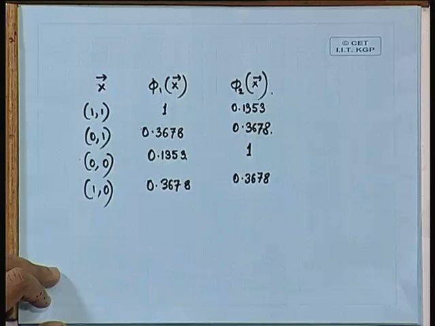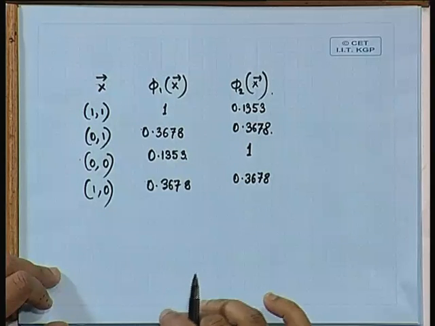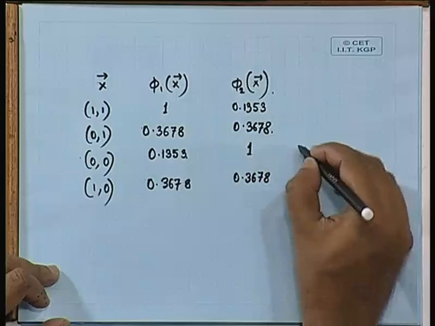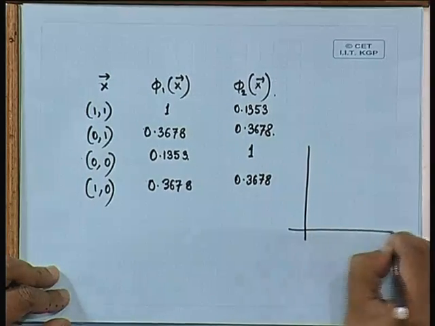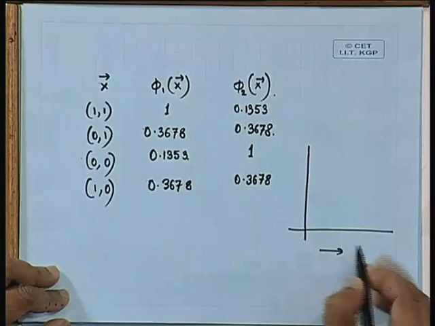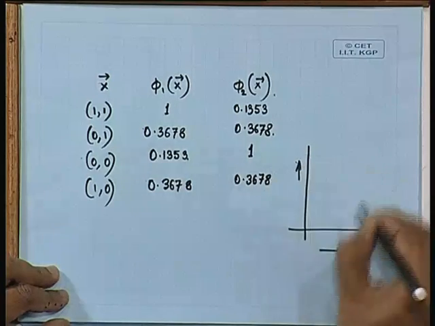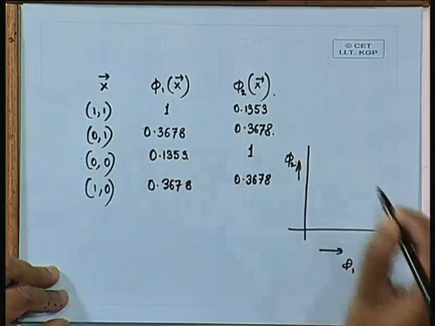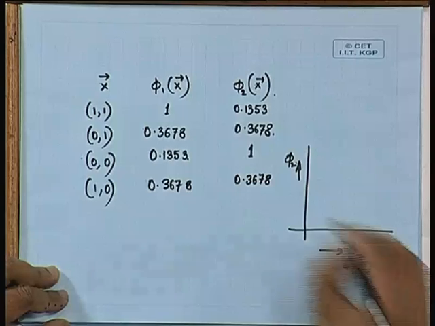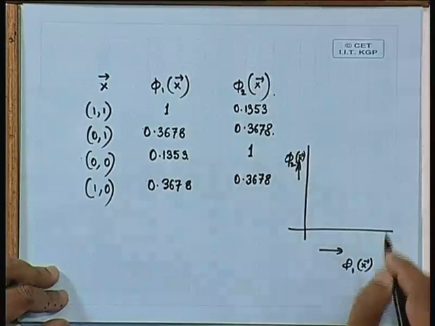Now we plot in what space? Not in x1, x2 space anymore. Now we have to plot it in the phi 1, phi 2 space, because that is our mapped space. So, now we have phi 1 on this axis and phi 2 on this axis. So, this is phi 1 x and this is phi 2 x, and we plot these values.